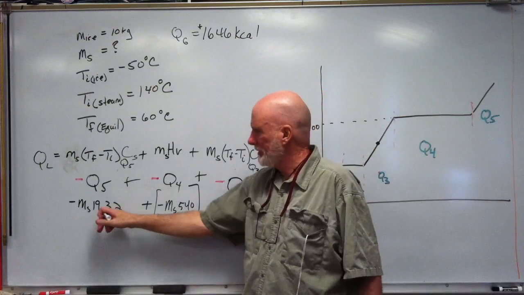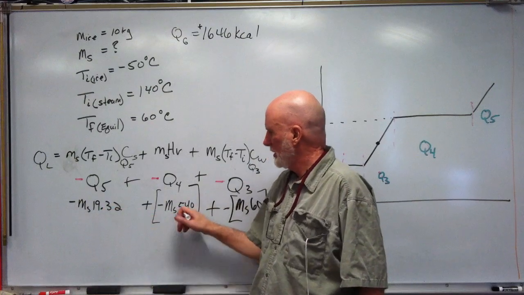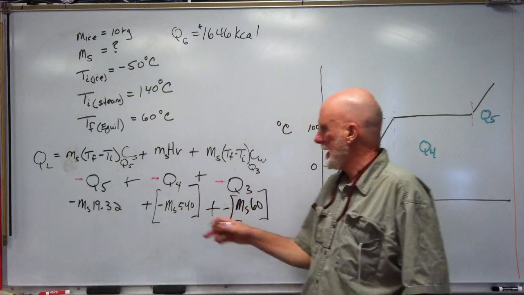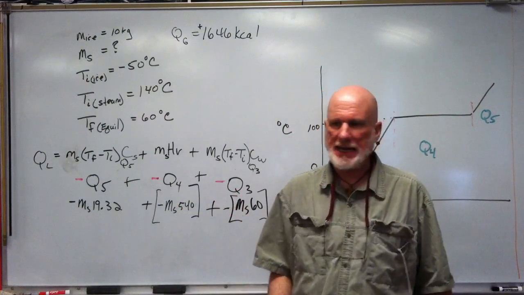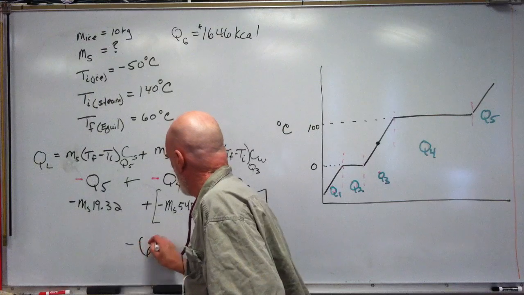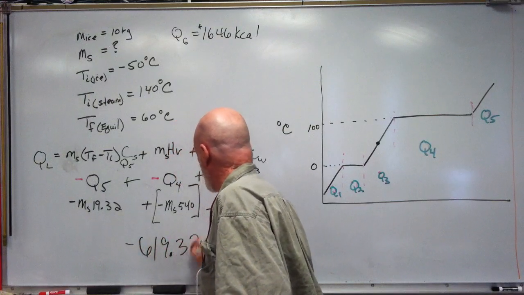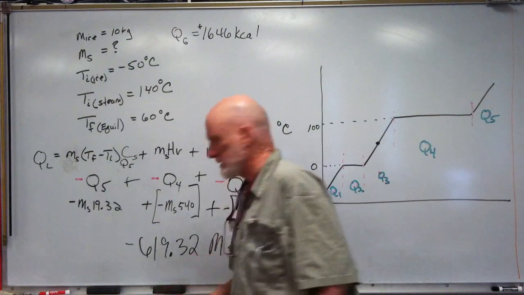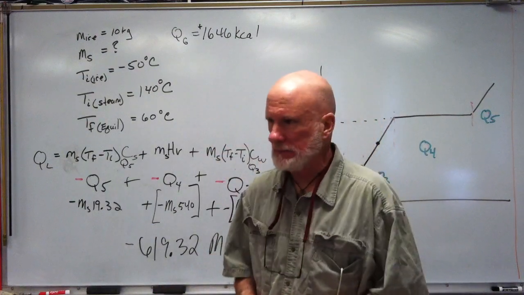I want you to add up 19.32, 540, 60. I can tell you right away, it's going to be 619.32 MS. Are we all right with that?